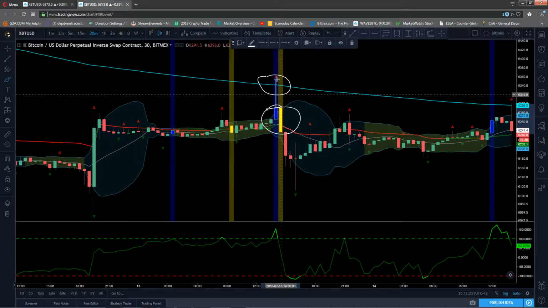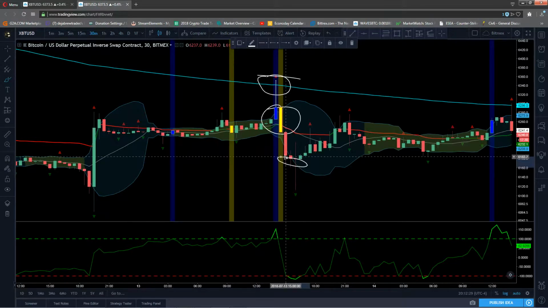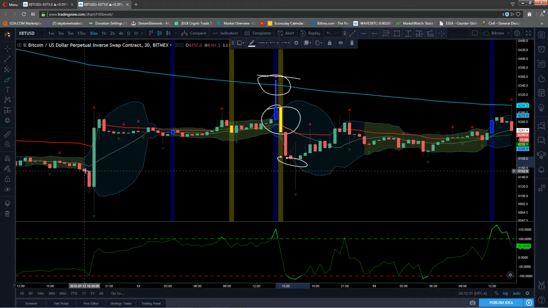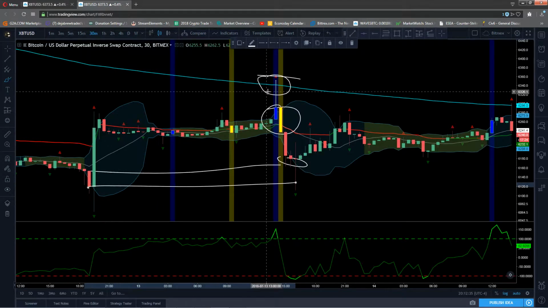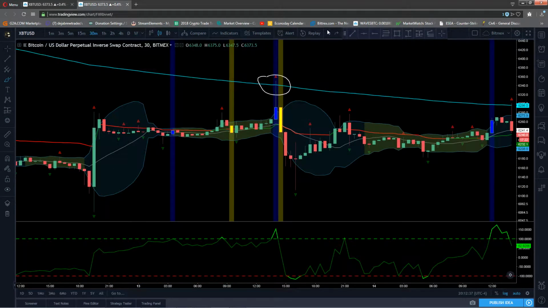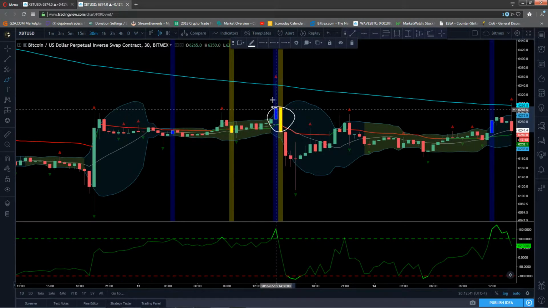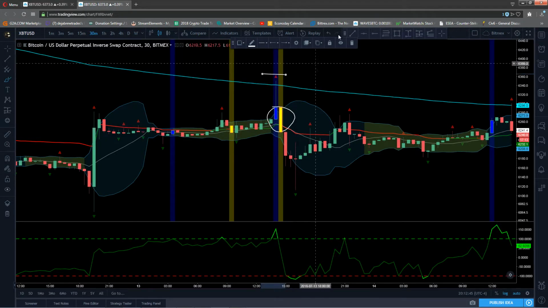You could have taken this sell candle, put a stop loss above the wick or above the 200 EMA, and then targeted the lower band or targeted a price target, maybe this consolidation phase here. You could have targeted that low. There's many different things you could have targeted, but you should have taken that sell candle. If you took that sell candle, you could have taken a stop loss above the 200 EMA.